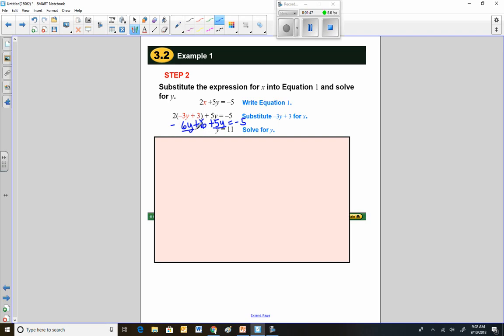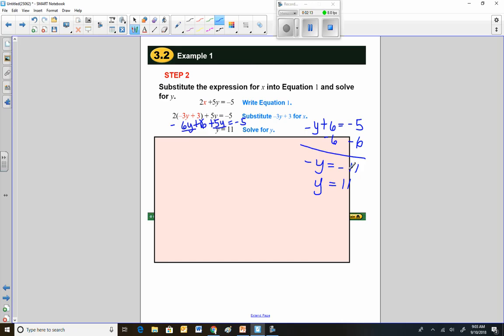Combine your like terms, so that becomes negative y. I'm going to write it over here: negative y plus 6 equals negative 5. Now we subtract 6, so we get negative y equals negative 11. Multiplying both sides by negative 1, we get y equals 11. So that's how you solve for y.